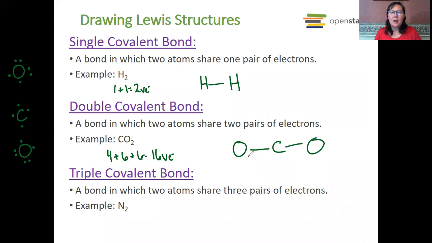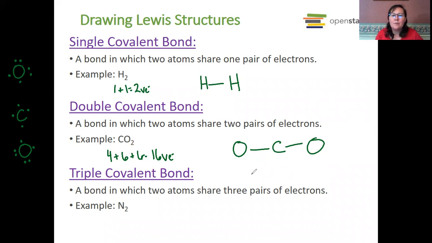In this case, the one that I have drawn here, I have 4 electrons. I would walk through this and say, okay, now I've used 4 and I have 12 more to place. Now, remember, we have to follow the octet rule if we're not talking about hydrogen. So these have to come together.